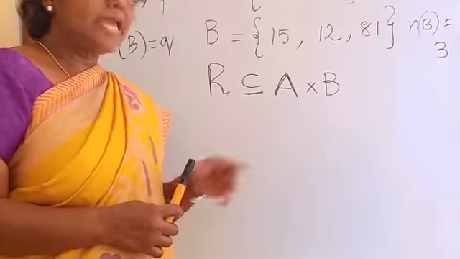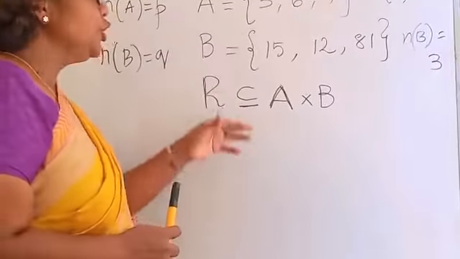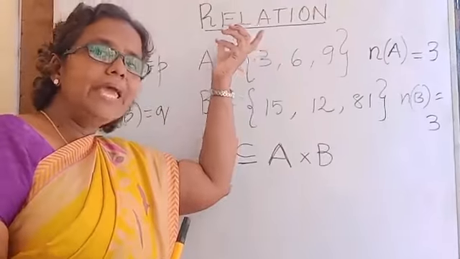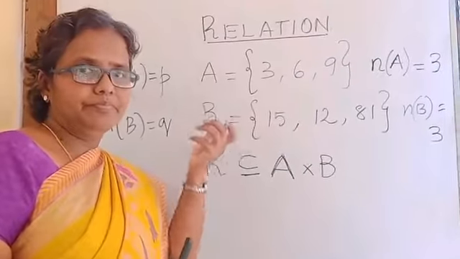In the previous example, I showed you the maximum number of combinations that I can make between the elements of set A and set B.